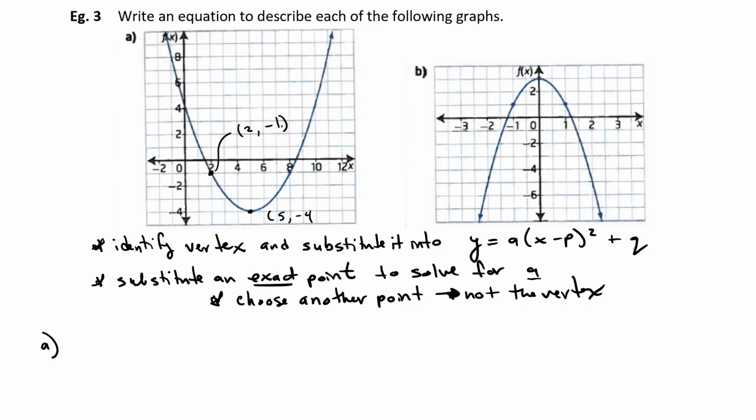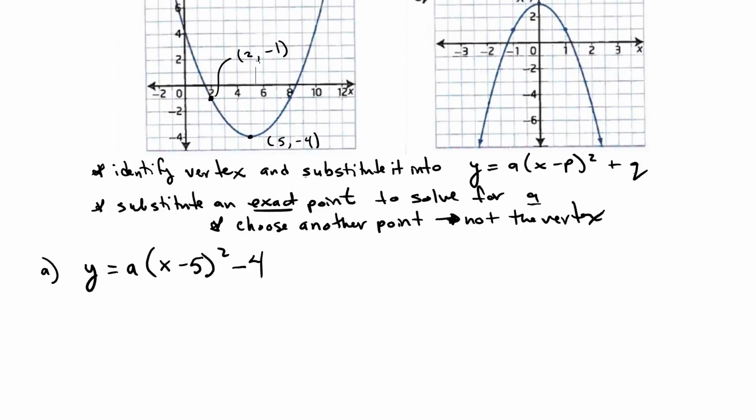Okay, so identify the vertex and substitute it into the standard form. So we have y equals a, because we don't know what the stretch factor is, a(x minus 5) squared, and it's negative 4, so I'm going to say minus 4. The point that I'm going to substitute in is 2, negative 1, so we're going to say sub 2, negative 1, because that's a point on our parabola.